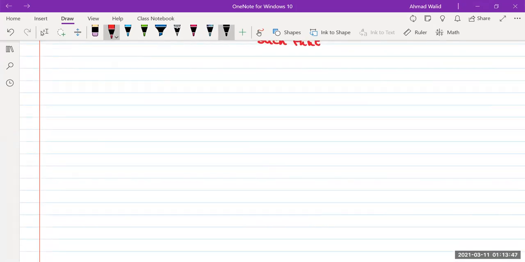Another example. Example number 2. For example, I have g of x equals 3x plus 2 over x squared minus 2x minus 3.